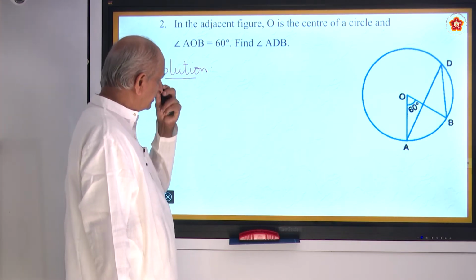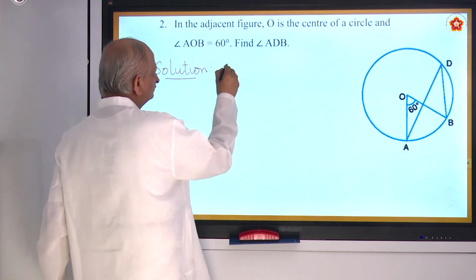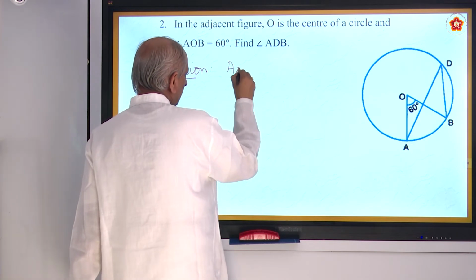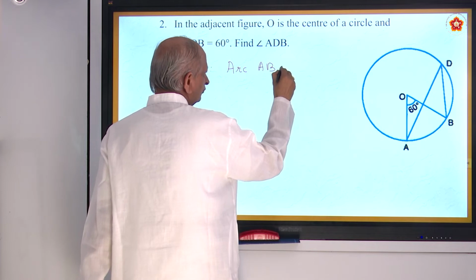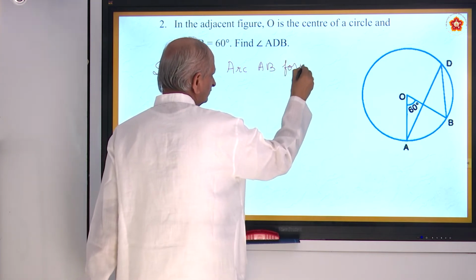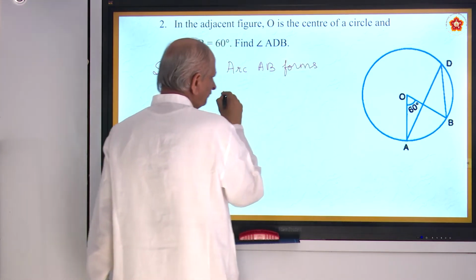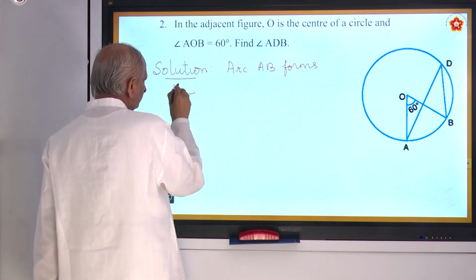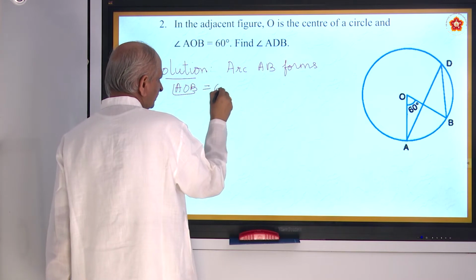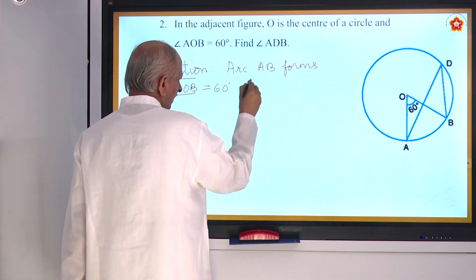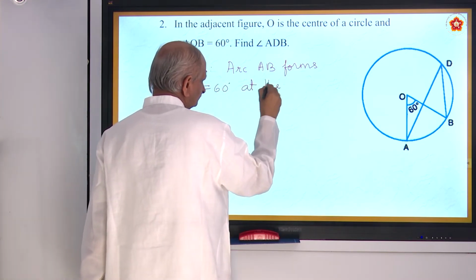One is the angle at the center, AOB. Arc AB forms angle AOB, 60 degrees at the center.